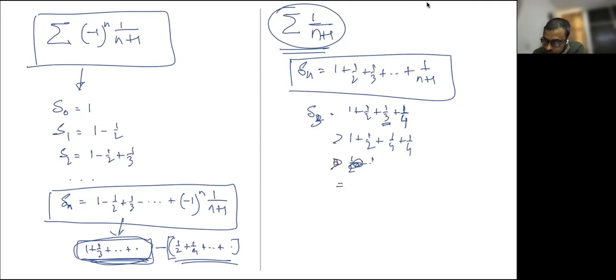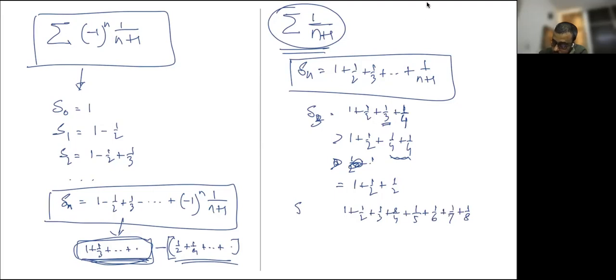So this is equal to 1 plus half plus, now you put them together, what do you get? Half. Okay. Now I won't look at S4. I would look a little further away, like 1 plus half plus 1/3 plus 1/4 plus, okay, I'll go to, what is this?